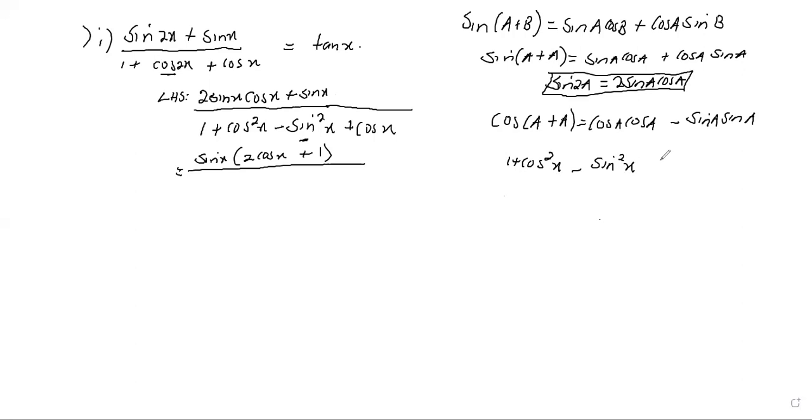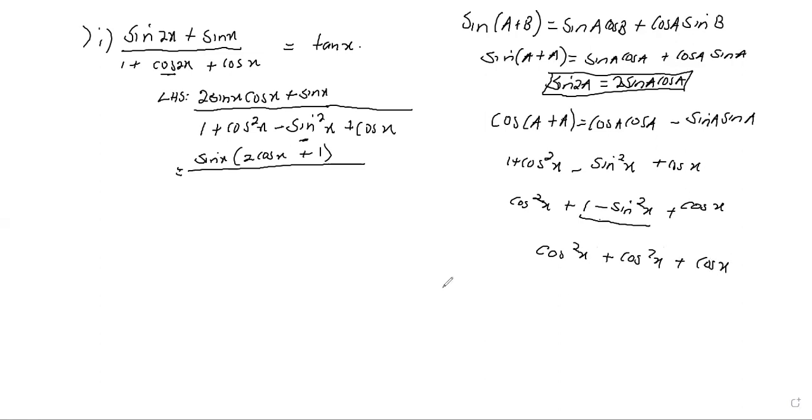So this part we have in the denominator. If we write it as cos squared x plus 1 minus sine squared x plus cos x. From the master identity, remember that this is just cos squared. So now we have cos squared x plus cos squared x plus cos x. And these two can be added to give us 2 cos squared x plus cos x.